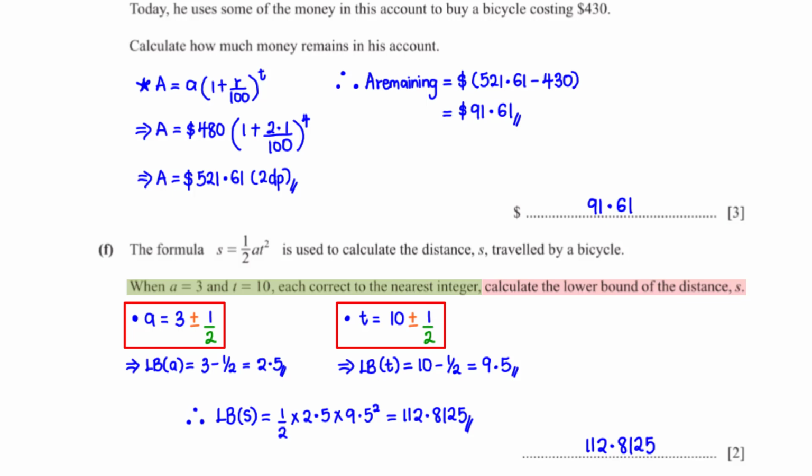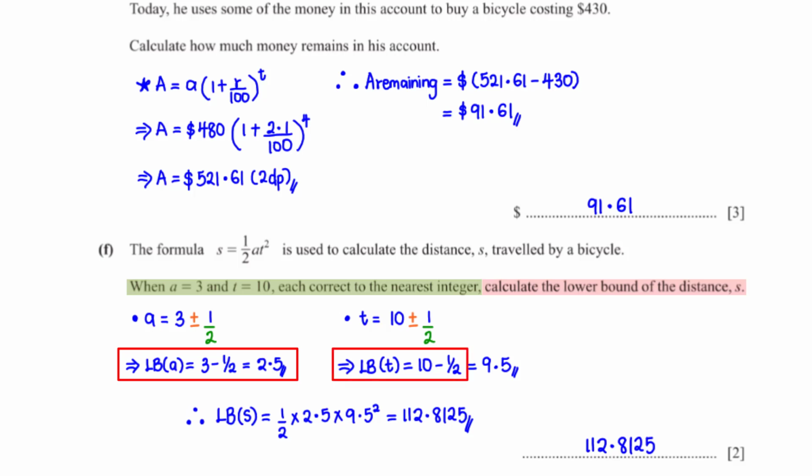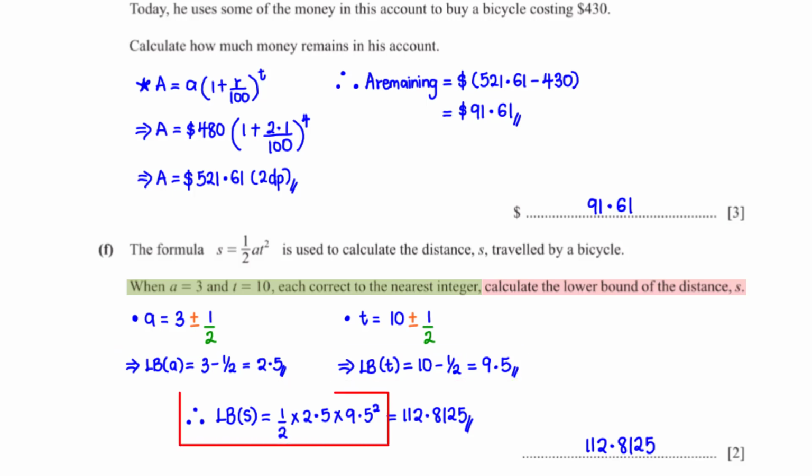To get the lower bound for S, we need the lower bound for A and T. The lower bound for A is 3 minus 1 over 2, which is equal to 2.5. And the lower bound for T is 10 minus 1 over 2, which is equal to 9.5. So now the lower bound for S will be half times 2.5 times 9.5 squared, which is equal to 112.8125.